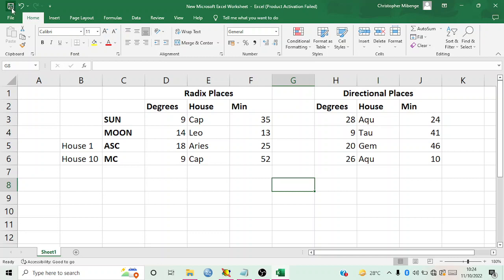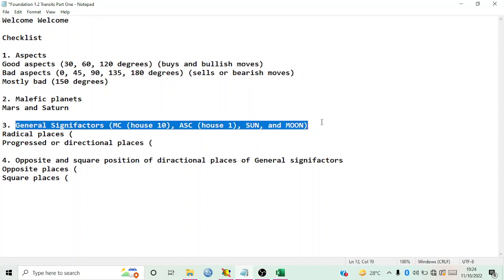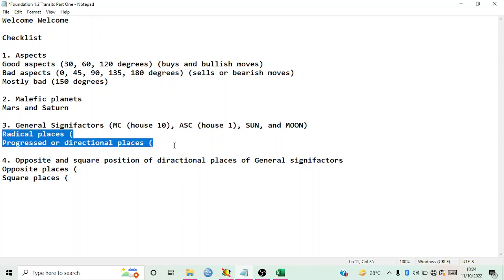Okay. So having done that, let's go back to our checklist. So I've already done that. So these are general significators, the house 10, house 1, the sun and the moon positions, both for radix and progressed positions, we've already marked them.